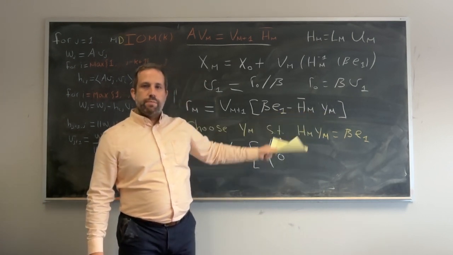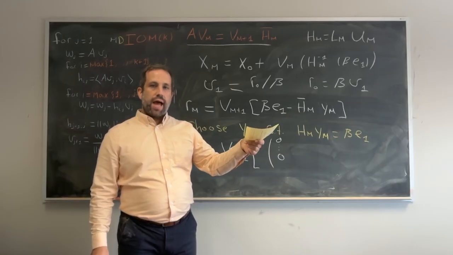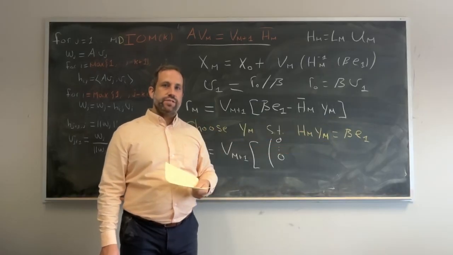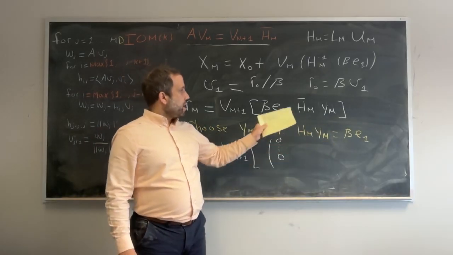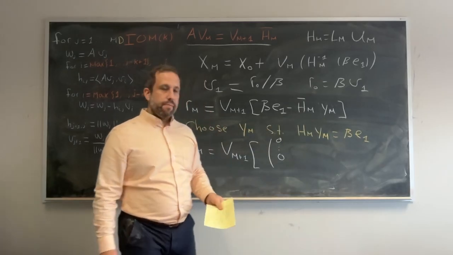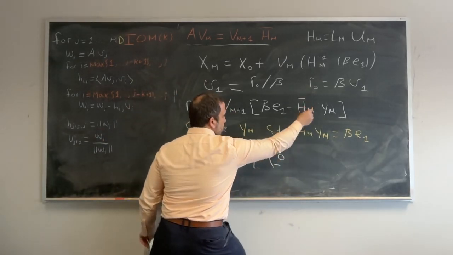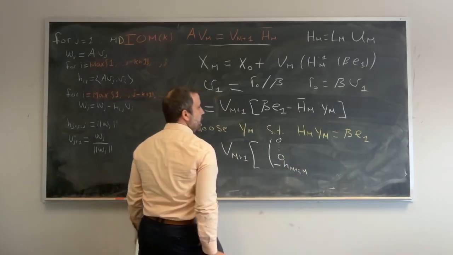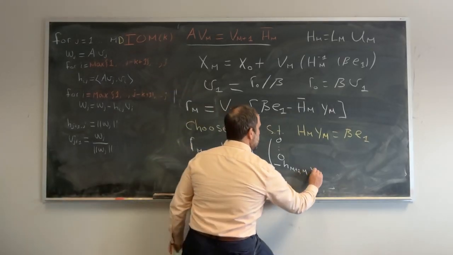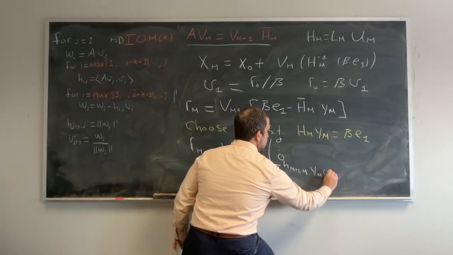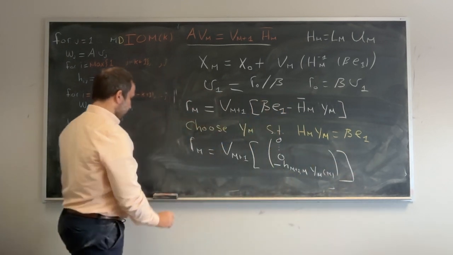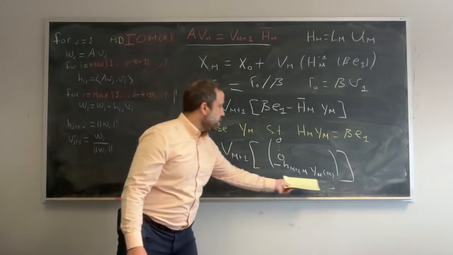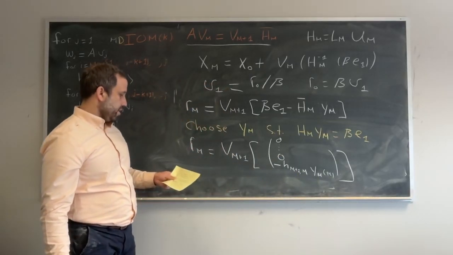Well, what is the last row of H_m bar? Remember, it's all zeros followed by h_{m+1,m}. So when I do the dot product of that with y_m, I'm just going to get the bottom right entry of H_m bar, which is h_{m+1,m}, times the last entry of y_m, which I'm going to call y_mm. Okay, sorry, I'm going to have to erase this. But now when I do V_{m+1} times this vector, it's just going to be this scalar right here times the last column of V_{m+1}.